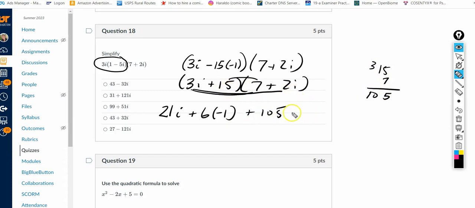And 15 times 2i is plus 30i. So 105 minus 6 is going to be 99. And 21i plus 30i is 51i.